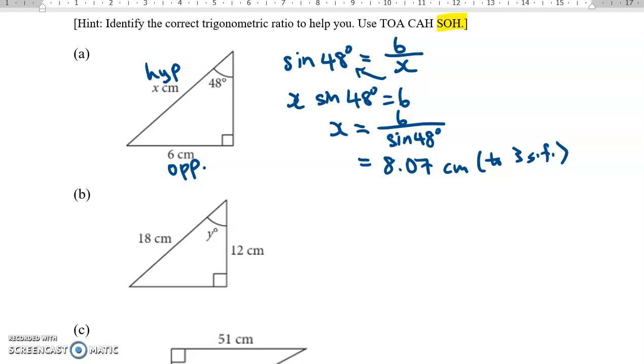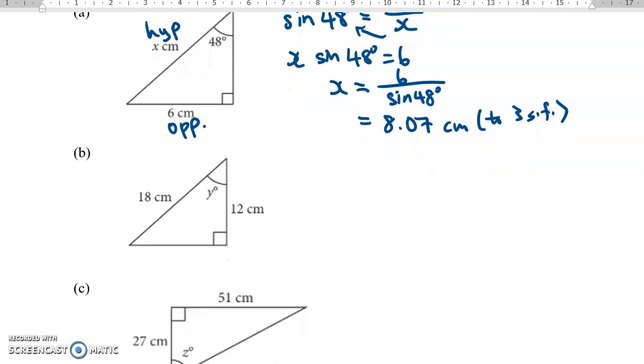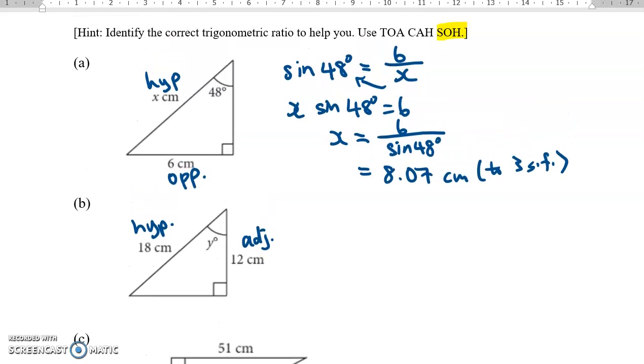So same thing, I would label. I have the hypotenuse. The reference angle is y, so 12 cm is the adjacent. So with A and H, if you look at your Tuakaso, we will now have to use cosine.